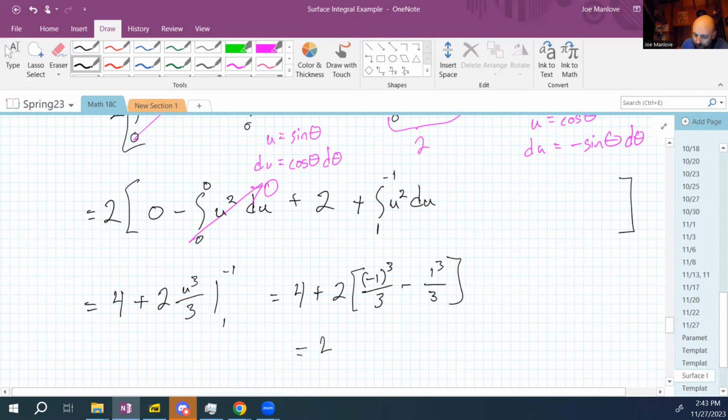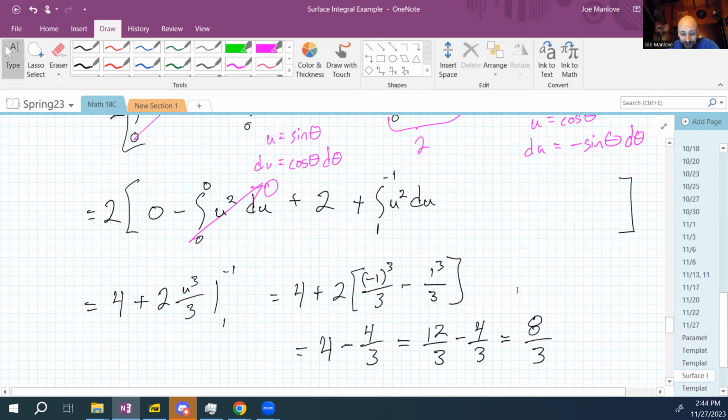And so I think that's 4 minus, obviously, 2/3 in there, and really minus 2/3. So I'm going to get minus 4/3 here. Oops, not the answer to the problem. Which is 12 thirds minus 4 thirds. Gives me a total of 8 thirds out of that one.